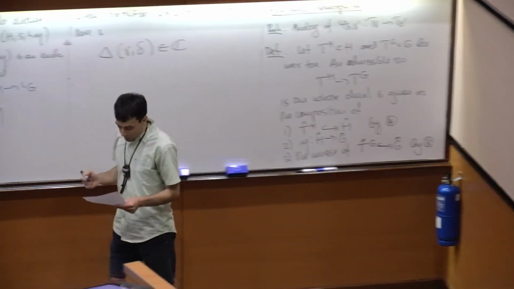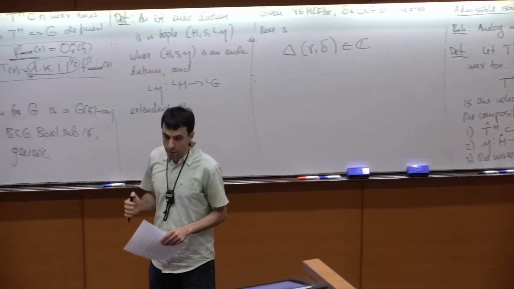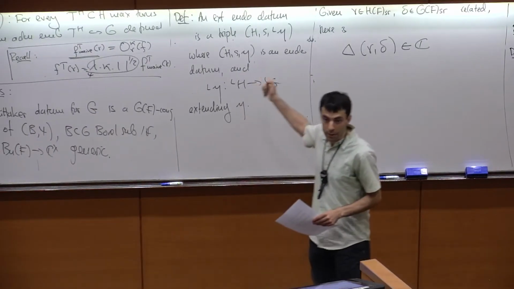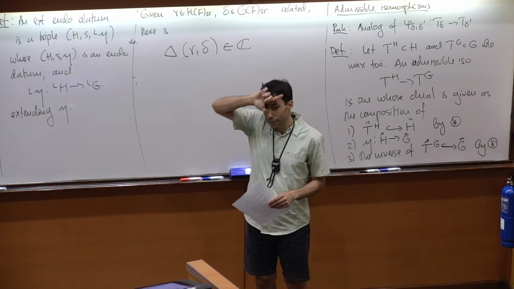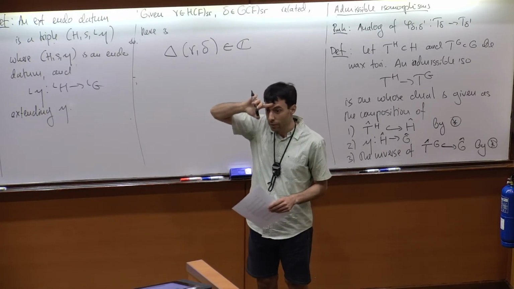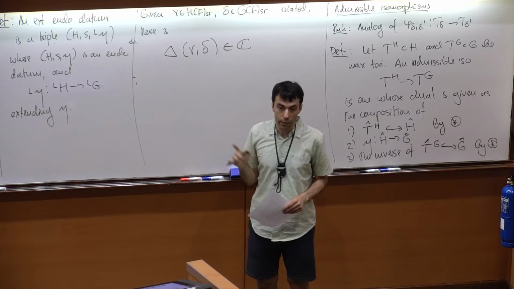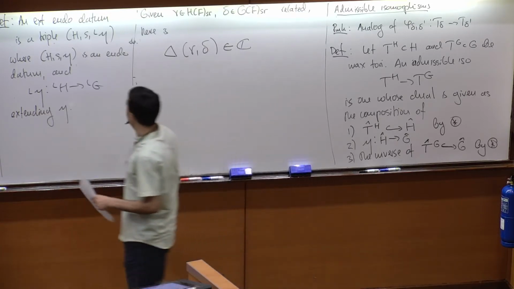Now, I was planning on giving you all the innards of these things, but seeing as how I have 5 minutes, this is not going to happen. Let me just tell you the one crucial property that these things have, and then we'll move on from there.